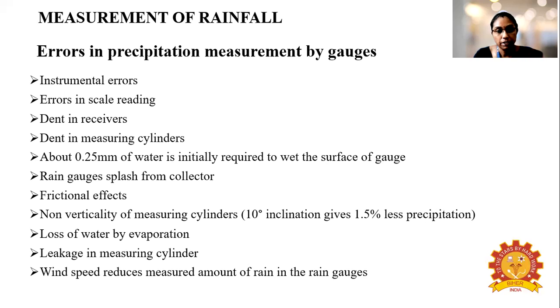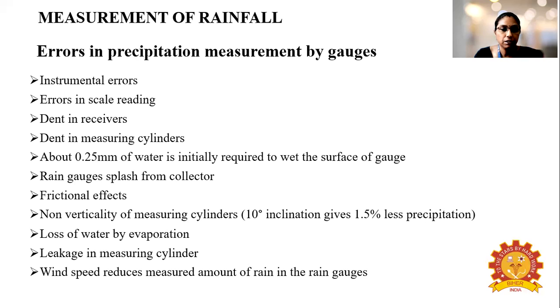So even a 10-degree inclination gives data like this, 1.5% less precipitation. And during evaporation, there is a chance of loss of water. And if there is any leakage in the measuring cylinder, that leads to error in the measurement.